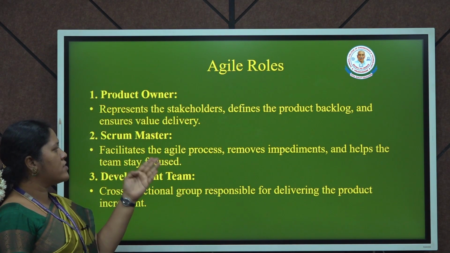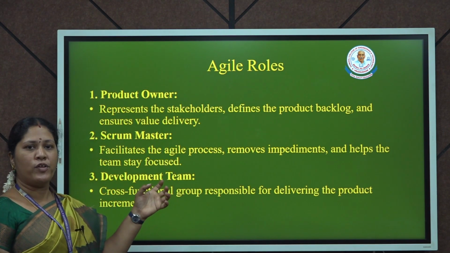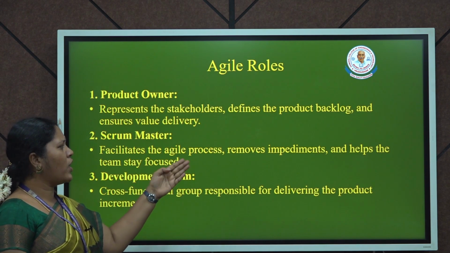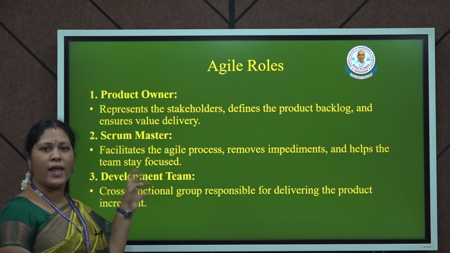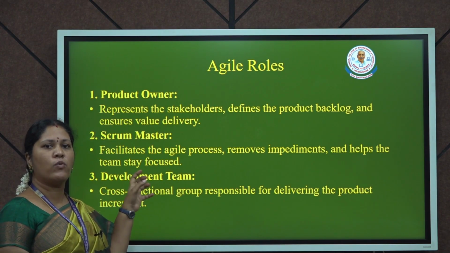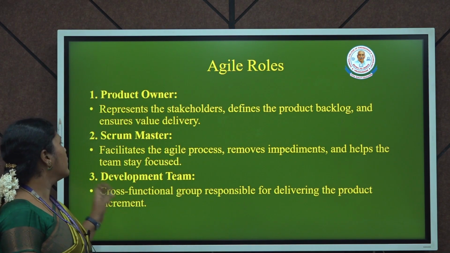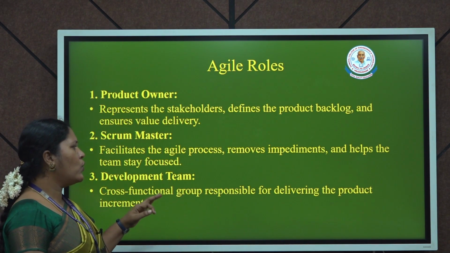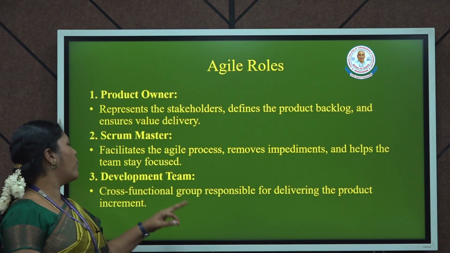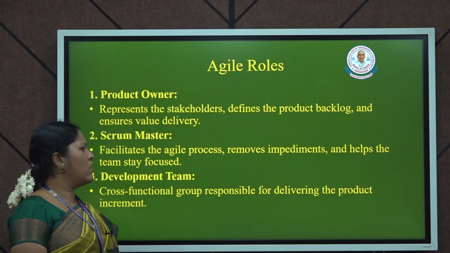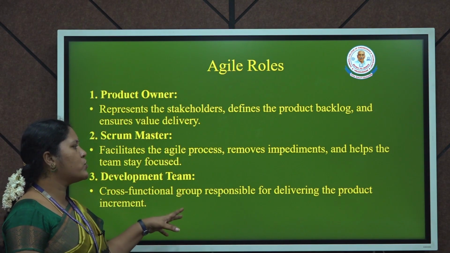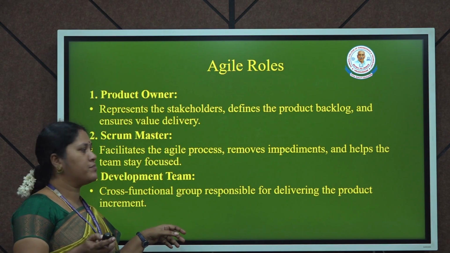They facilitate the Agile process, removing impediments, any problems, and they help the team to stay focused on what they need and what they are doing. The development team is going to develop and deliver the product. They are a cross-functional group responsible for delivering the product. Many groups are there, and they work together to deliver the product.